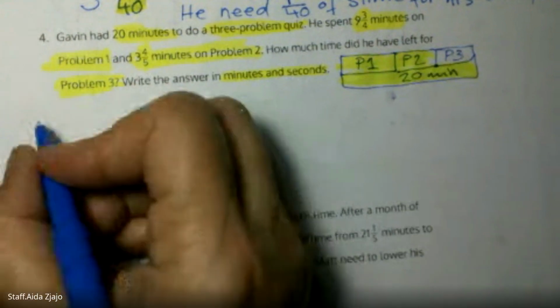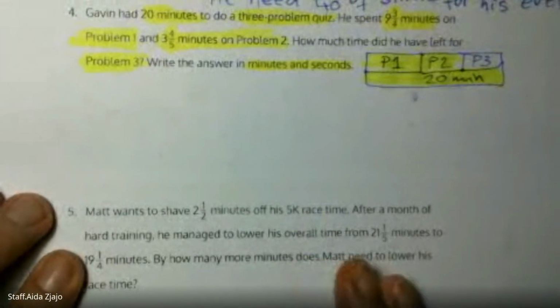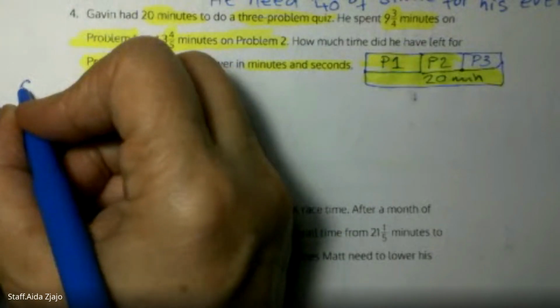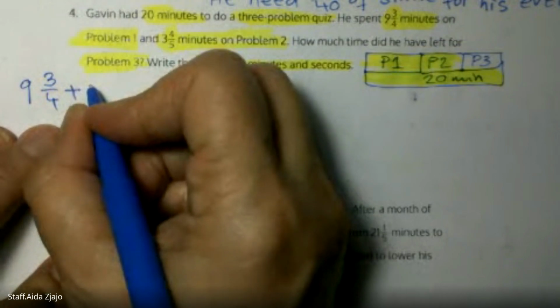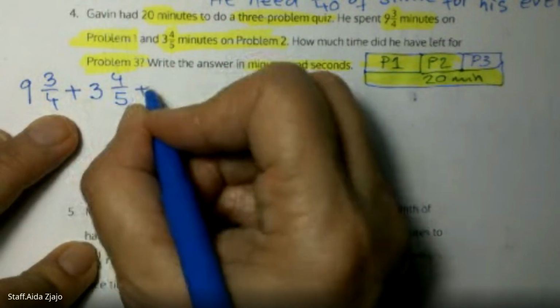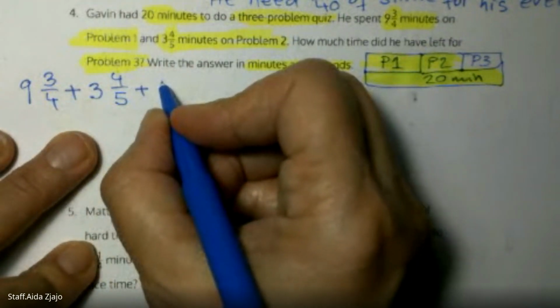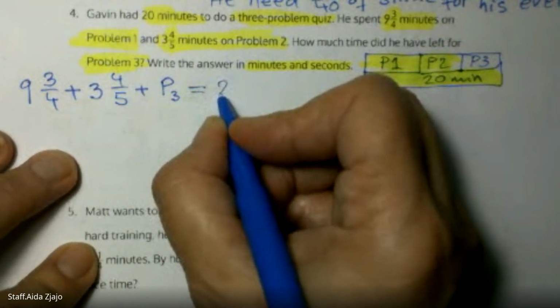Or if we add, problem 1 is 9 3/4 plus problem 2 is 3 4/5, plus problem 3 must equal 20.